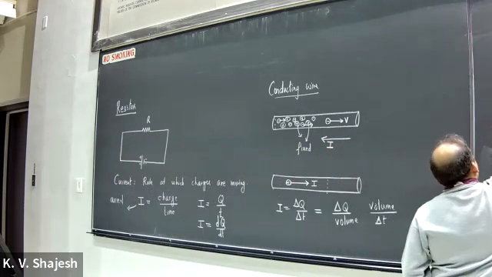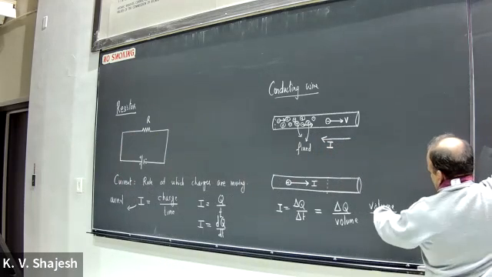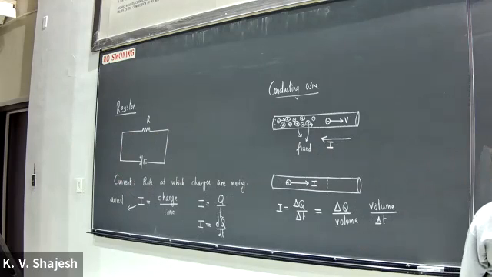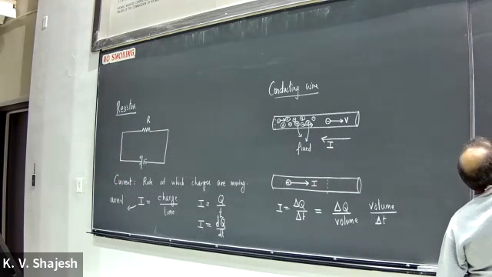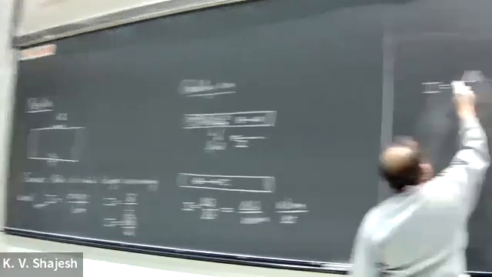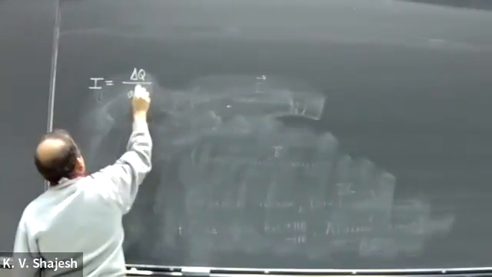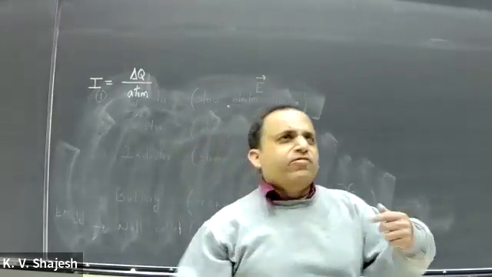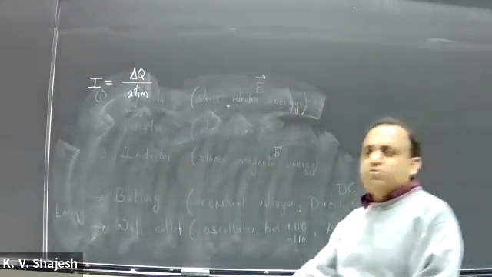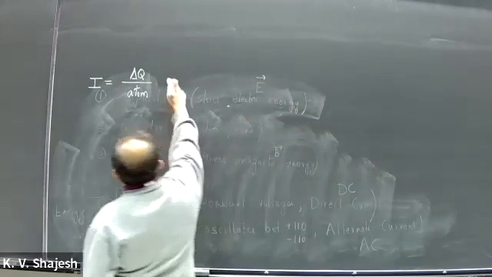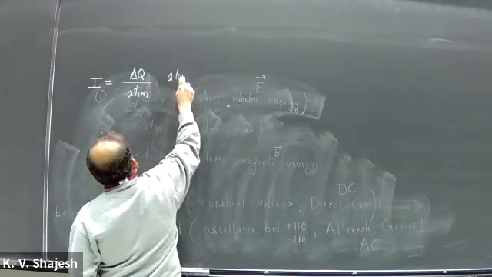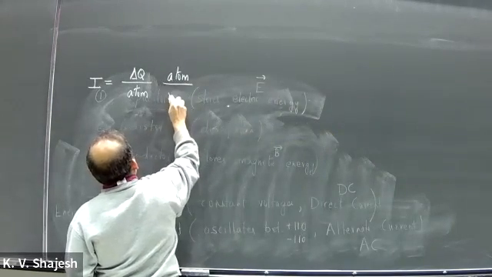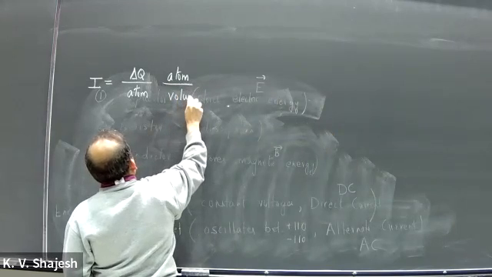So we say current is equal to charge per unit volume. Instead we say charge, which is the charge per atom. I said let's think of 1 electron per atom. Sometimes it could be 2 electrons per atom, and then the number of atoms per unit volume.